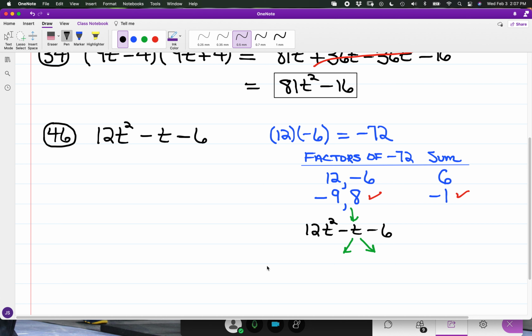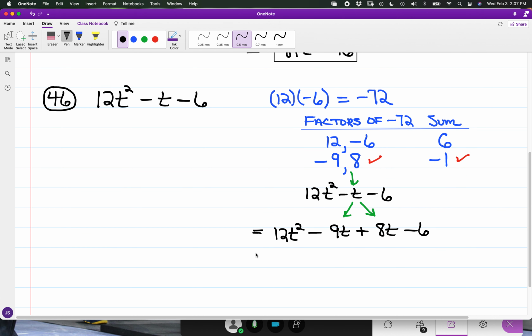So for what we have in the mix, you have 12t squared minus 9t, followed by plus 8t minus 6.